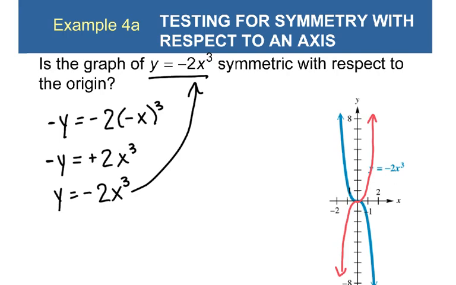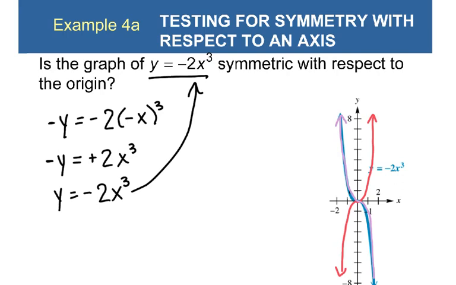Now reflect that line that you see in red across the y-axis, and then we're going to end up with a line that looks like this. The same original graph of our function.